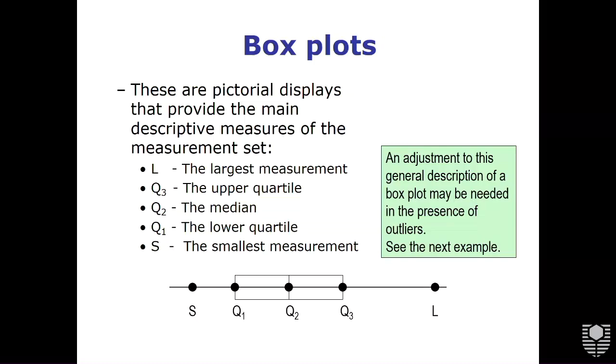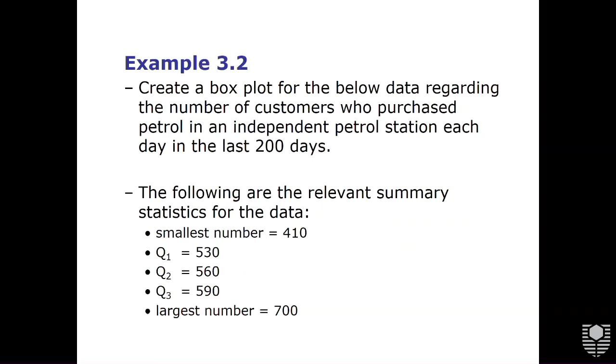So that's the question. I think we have an exercise. Yeah, the 3.2, I think this is the last thing to do, a couple of pages. So they provide us with the smallest number. They ask to create the box plot in here for the income purchased from a petrol station for the last 200 days, and they give us the smallest number, the first quartile, second quartile and third quartile, and the largest number.